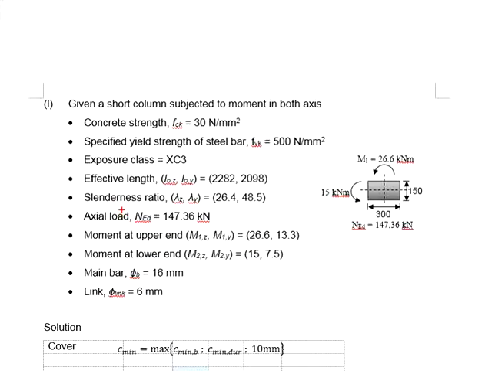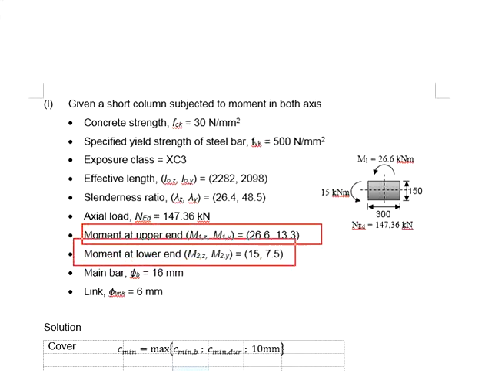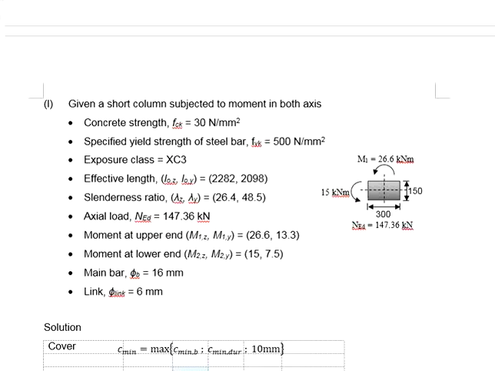Next is about the loading. NED equals 147.36 kN, and the moments are given here. This is the moment acting on the upper end of the column and the moment acting on the lower end of the column. As for the reinforcement, tentatively the main rebar is 16 mm and the shielding is 6 mm.